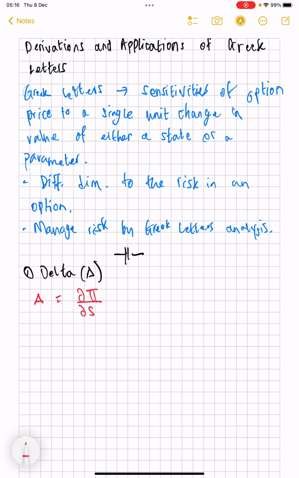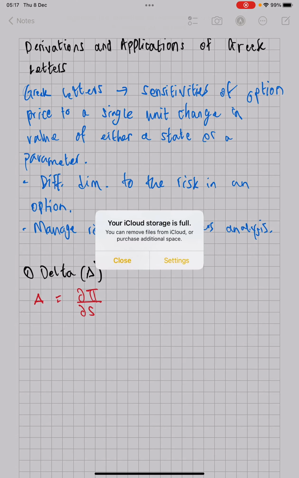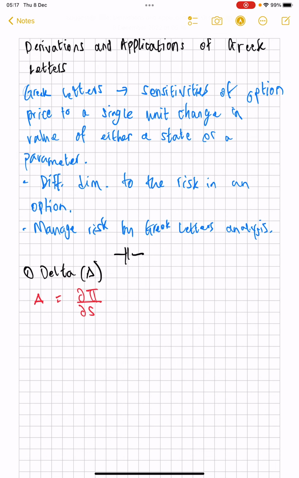So here pi is the option price and S is the asset price. So I'm going to derive the delta for different kinds of stock option.